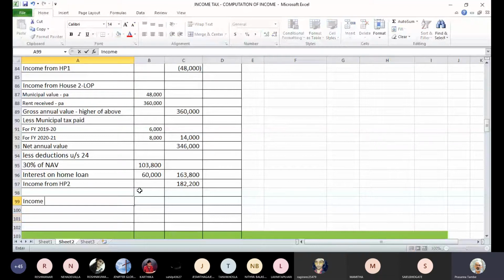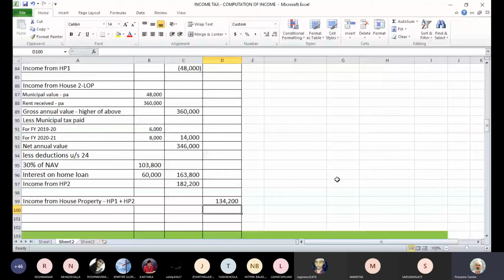So income from house property 1 plus 2 together, whatever is the result. That means negative 48,000 and positive 1,82,200. So it will be 1,34,200.